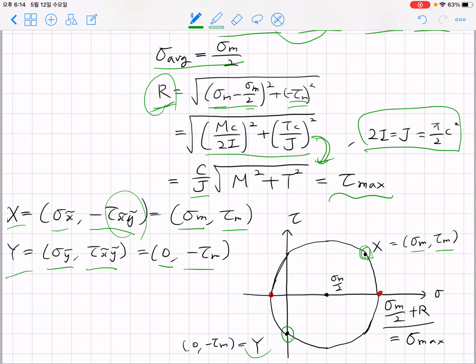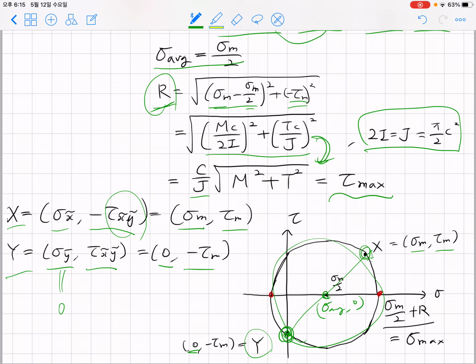And Y will be located at 0 on the horizontal coordinate, so it is located along the tau axis. After locating X and Y and the center position from sigma average and 0, we can complete the Mohr circle, giving the circular shape.